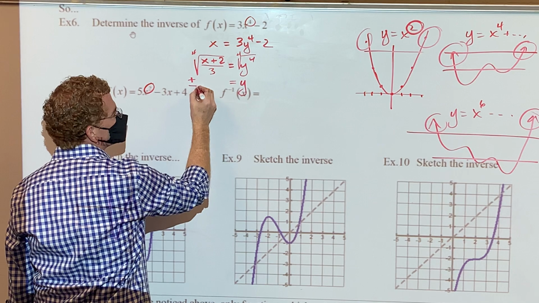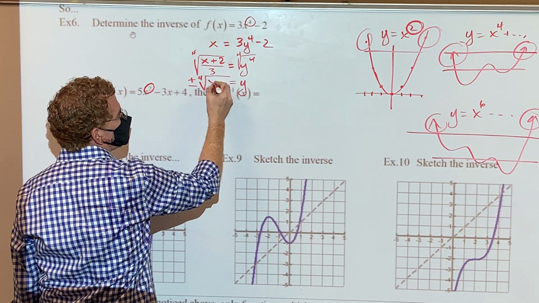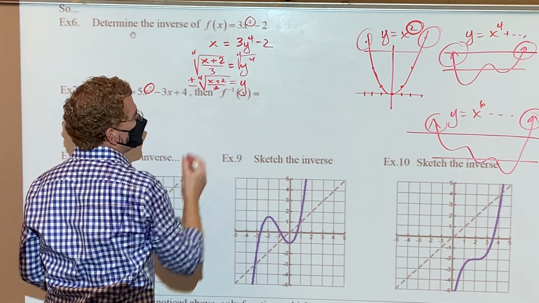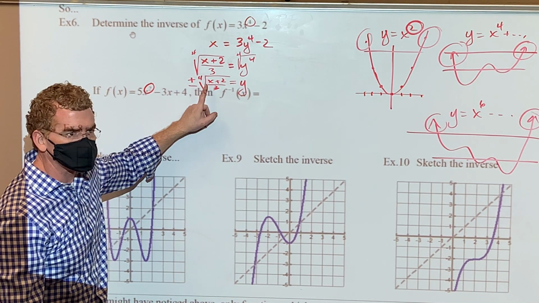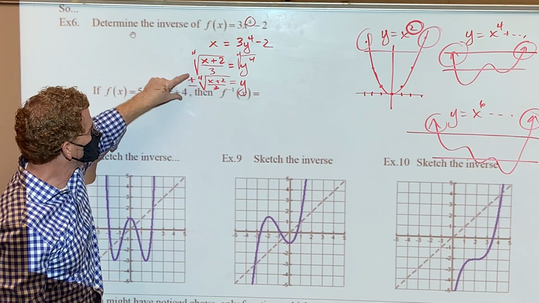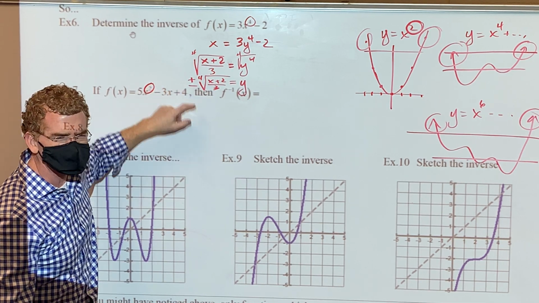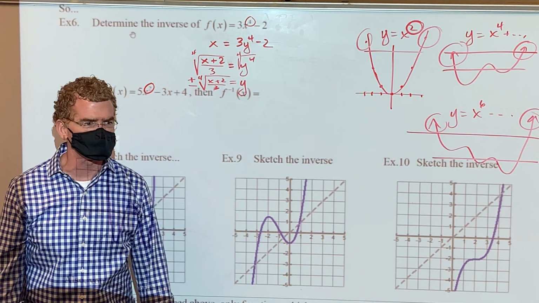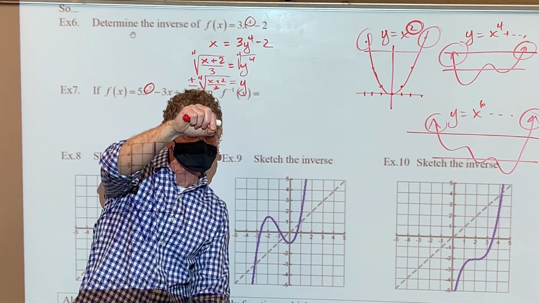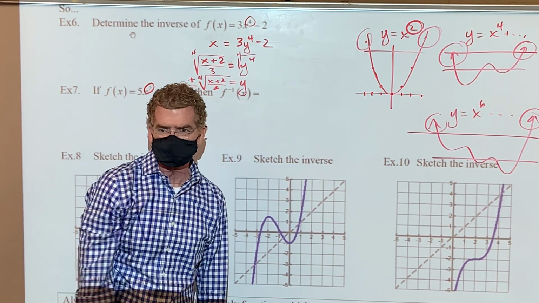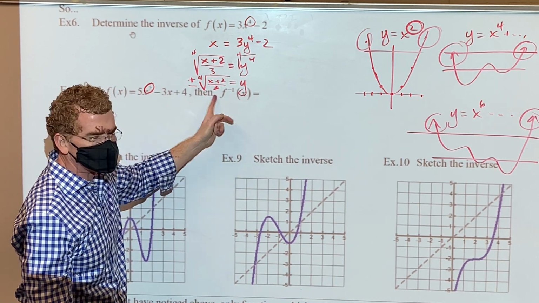Plus or minus? What does that plus or minus mean? That means that for every X value I plug in, I get what? 2 Y values. Isn't that not the definition of an inverse? If I plug in X and I get 2 Y values, it's going to fail the vertical. So the inverse failed the vertical.